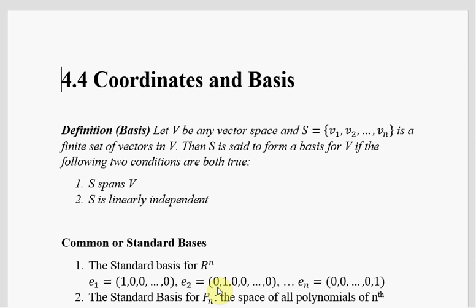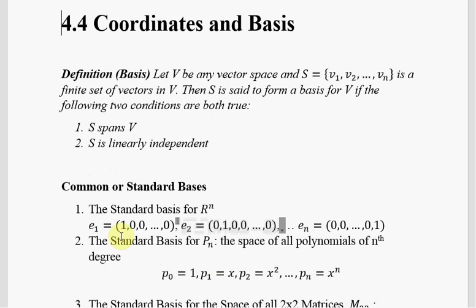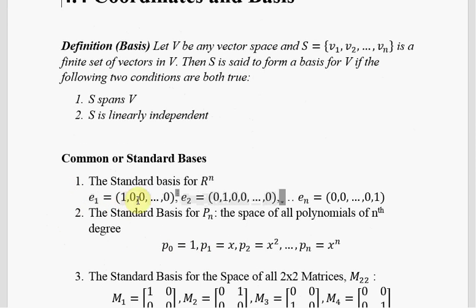Some common bases, we call them common or standard bases. Number one, if you have just a regular set of vectors like v1, v2, v3, then the standard basis is here given as number one.